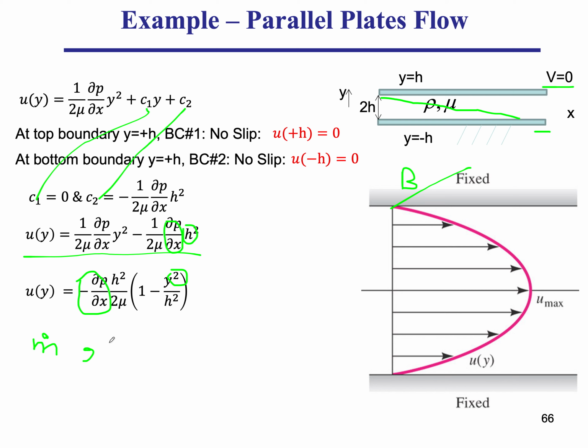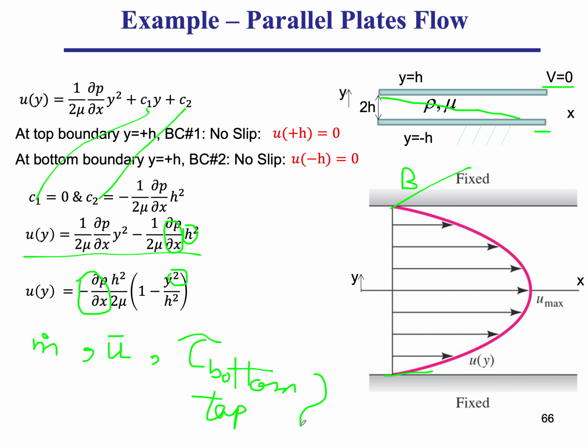Find the average velocity, and also what is the shear stress on the bottom wall, tau, the friction per unit area, on the bottom wall as well as on the top wall. You can see from symmetry that they're going to be equal, tau bottom and tau top. So let's find those. I'll leave that to you to do.